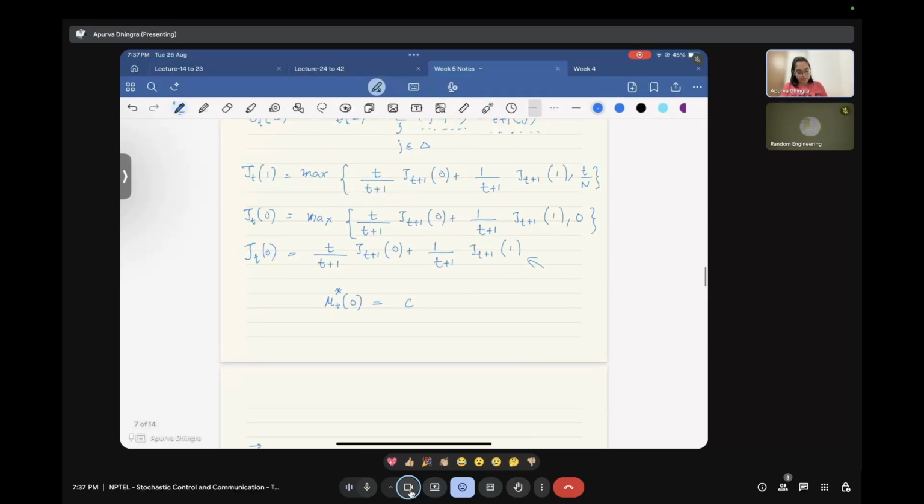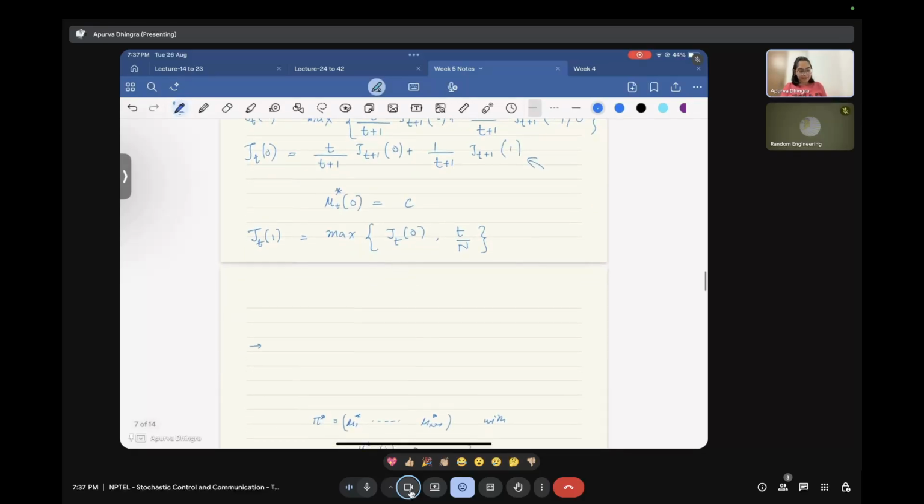Now the next part is to focus on Jt of 1. There is a max that needs to happen. Notice these two quantities are the same, so I could just say that this is Jt of 0. So now the comparison is between Jt of 0 and t over n.